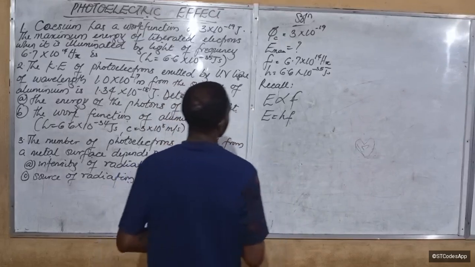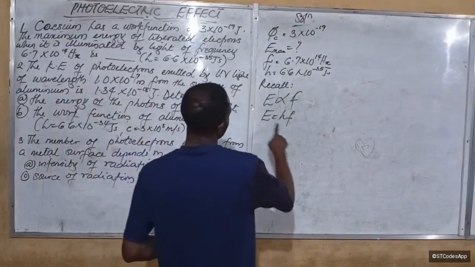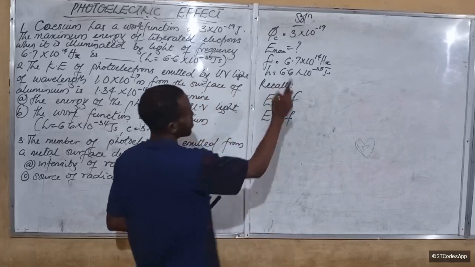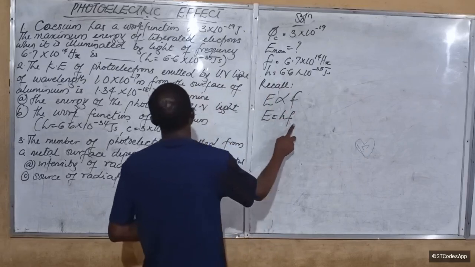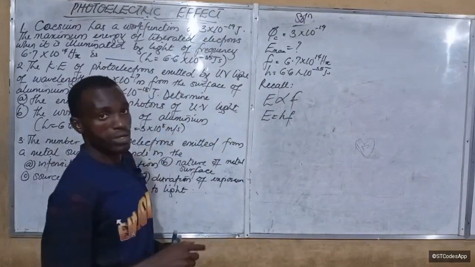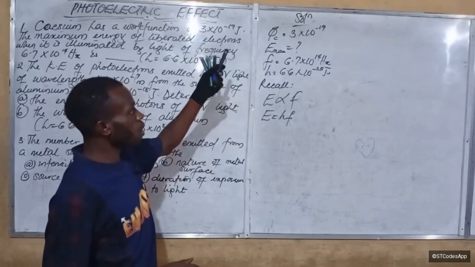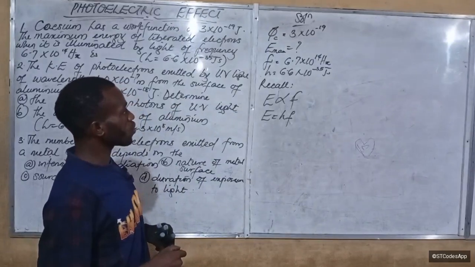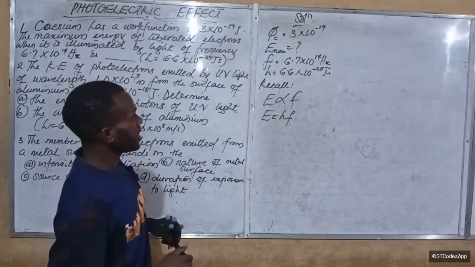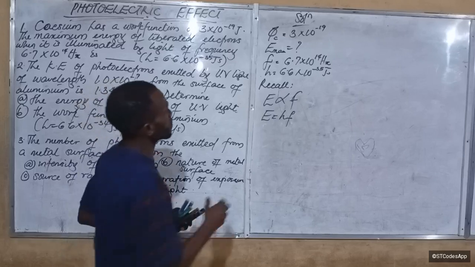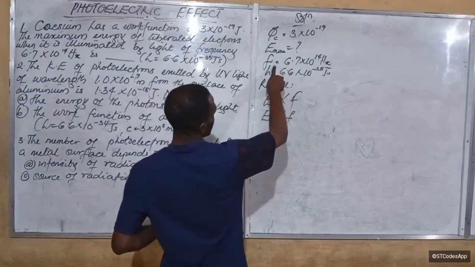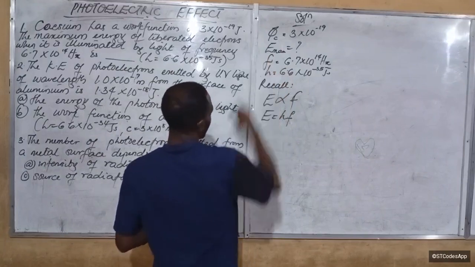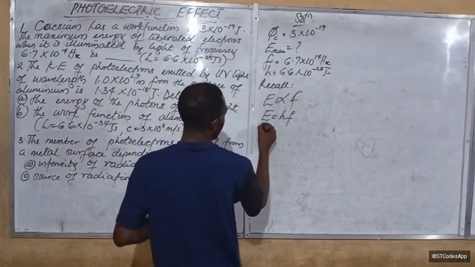So in this case we are looking for E and we have h, but we don't have the frequency of the electrons. We have been given the work function. So what are we to find? We have the frequency, and we don't have Emax rather.